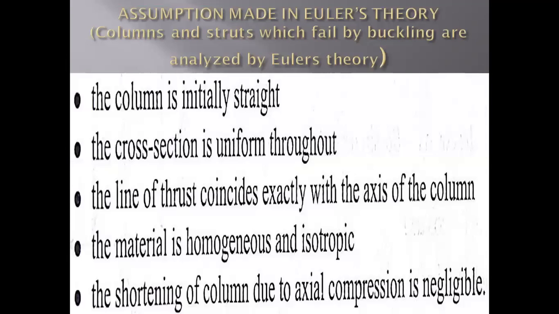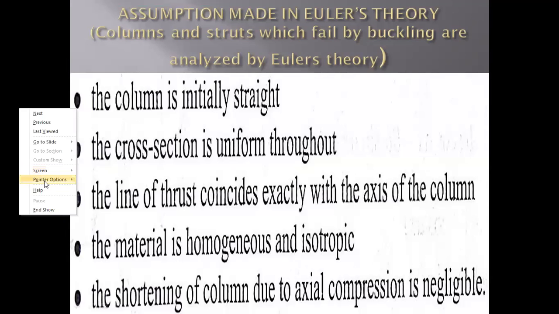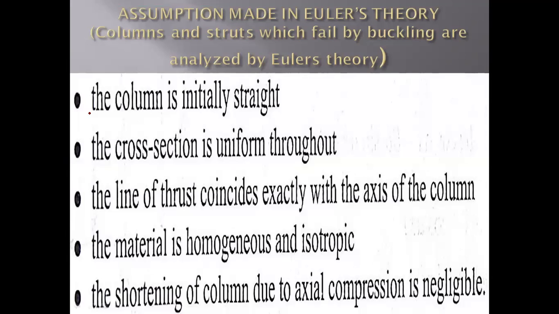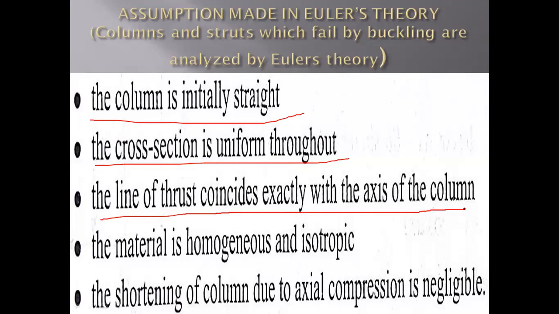Now these are some assumptions made in Euler's theory. The first one is the column is initially straight, means it would not be bent. The cross section of the column should be uniform. The line of thrust coincides exactly with the axis of the column, means the load that you are applying must be along the axis of the column.